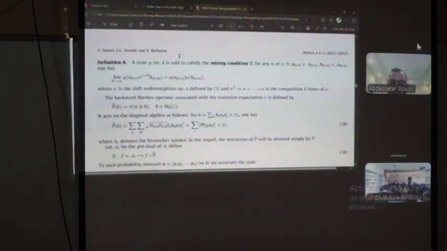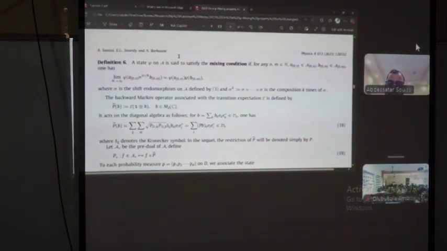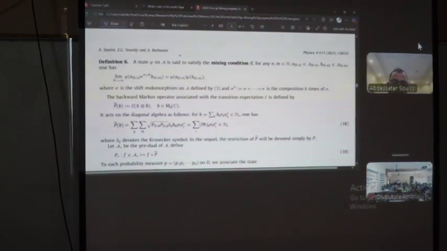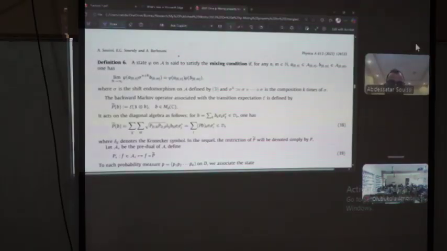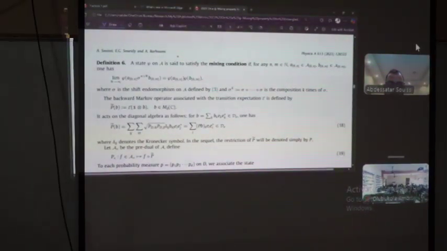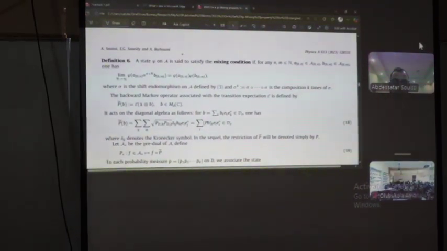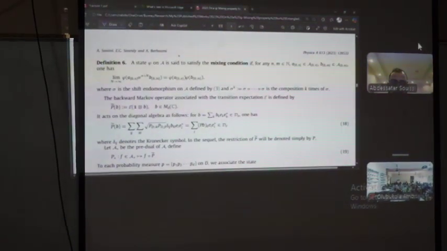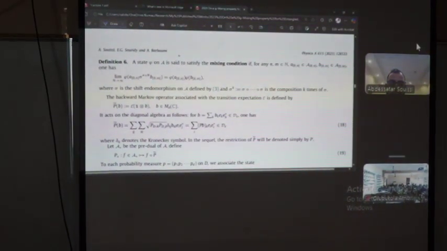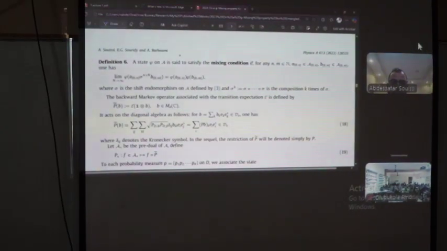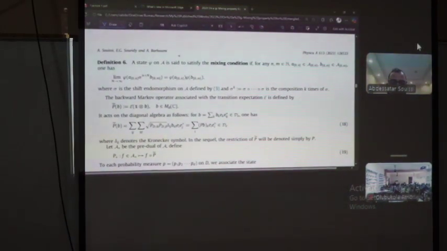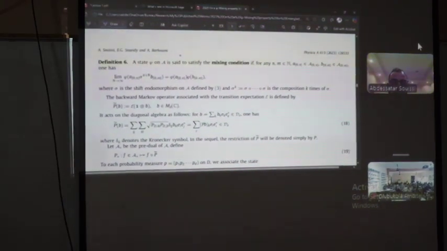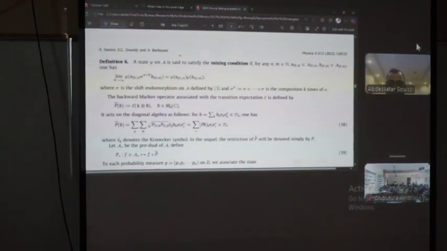Now we define here what's called the mixing condition. The state, I mean the quantum chain, is said to satisfy this mixing condition if for a fixed observable A with n fixed and m also fixed, then if we take the shift sigma to the capital N, and we take the limit as capital N goes to infinity, we get this asymptotic independence for phi.